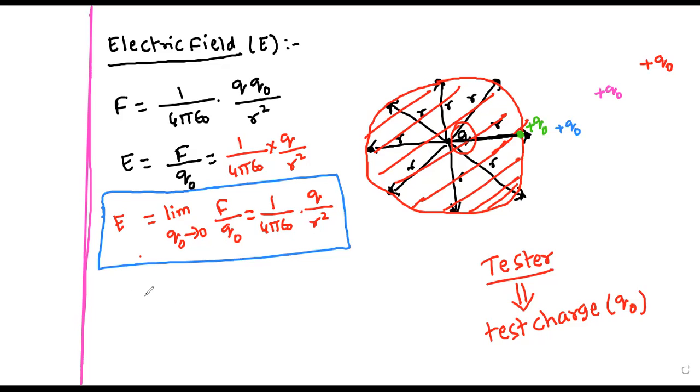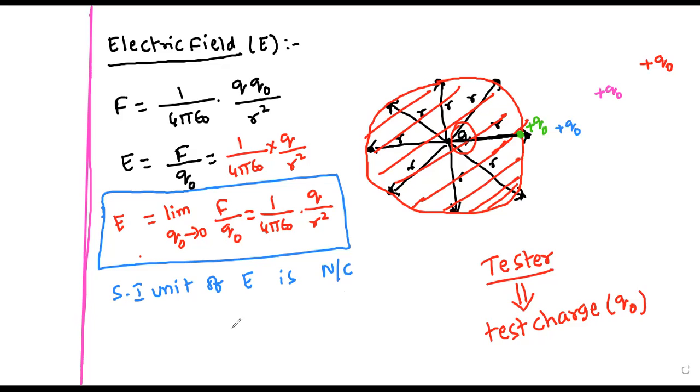The SI unit of electric field is force by charge, that is, Newton per Coulomb. Is it fine? Newton per Coulomb.